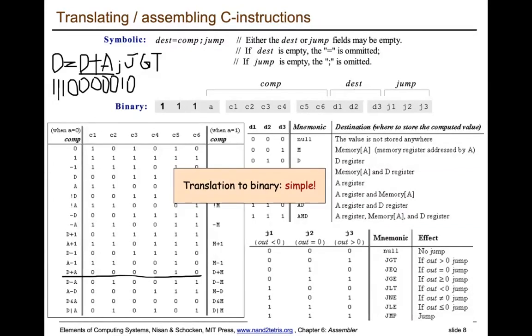Then the destination is D, so the D register is 0, 1, 0. And for JGT, jump when greater than, it will be 0, 0, 1.